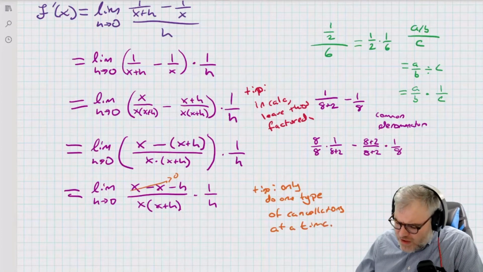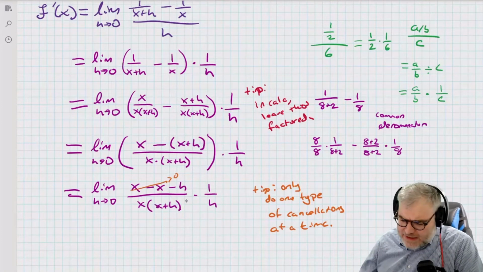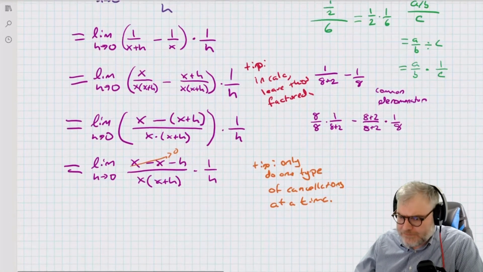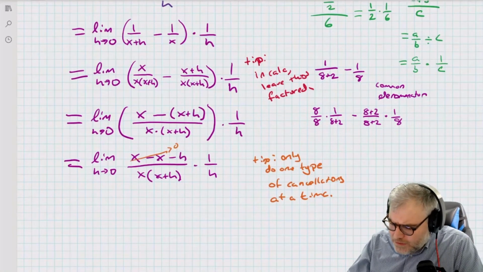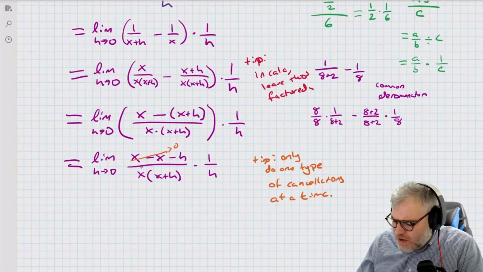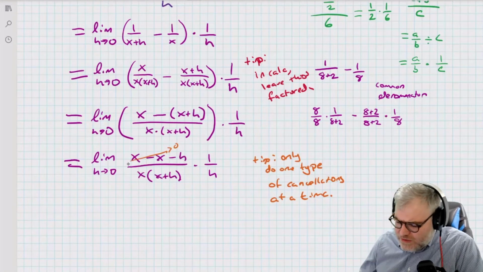Okay? So I know now that this h is going to cancel there, but I want to be careful. I only want to do one type of cancellation at a time. Right, so these all go to 0, and now those will cancel to 1, but not until this goes to 0. And I want to break that up into a separate step.